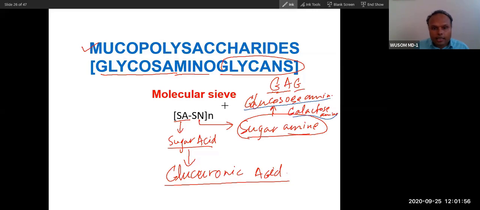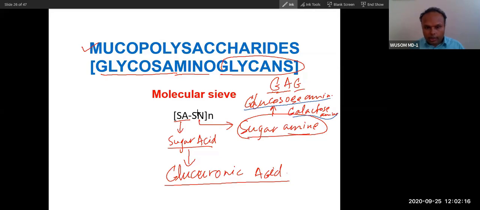Did you understand this simple thing? What is mucopolysaccharide? What is glycosaminoglycans? What is the function? The function is to retain water in connective tissue.